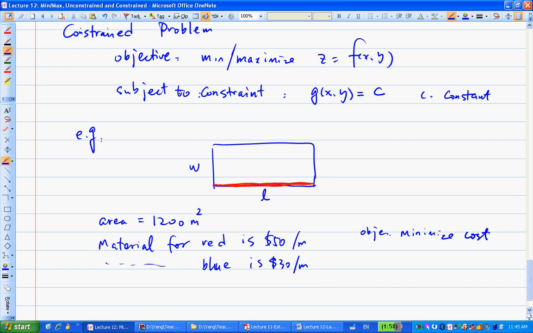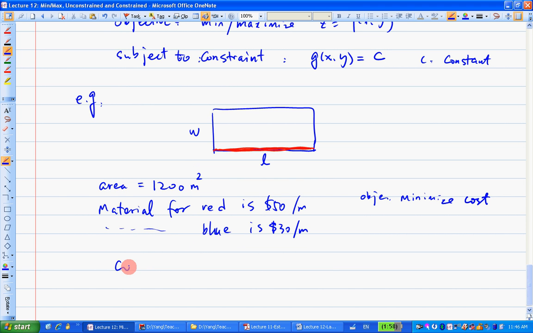So let's say this is the kind of constraint problem we're looking at. First of all, what's the cost? Let's say I use a function f to represent its cost. How do I calculate the cost here? Red is $50 per meter. Blue color is $30 per meter.